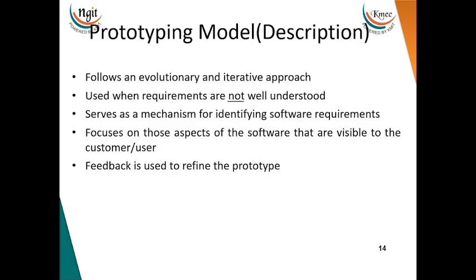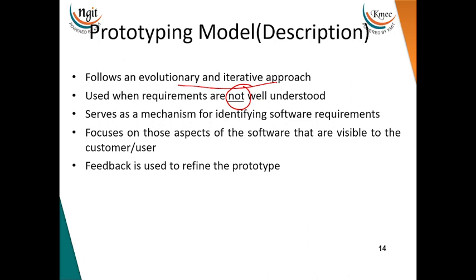Next slide. Prototype model description: it follows the evolutionary, iterative approach. It is used when requirements are not well understood. When you don't understand the requirements, you have to go for prototyping. You develop a part, you go there and modify.